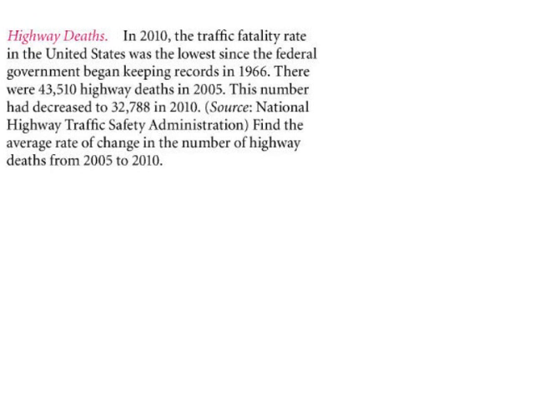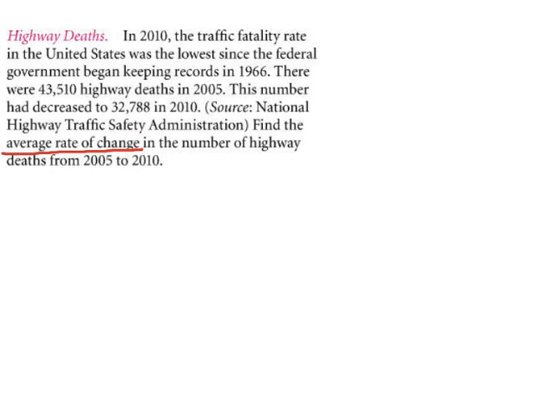Alright, so first thing you need to know is average rate of change. Fancy way of saying slope. So they're asking you to find the slope here. Now, the question is, what's x and what's y? You need to read this carefully. Find the average rate of change in the number of highway deaths from 2005 to 2010.